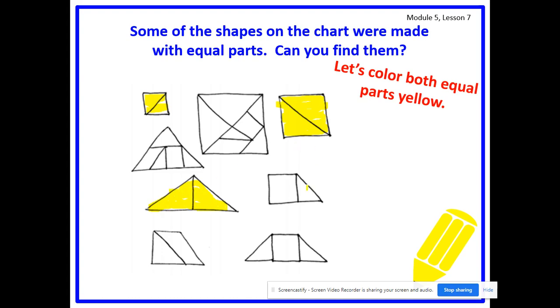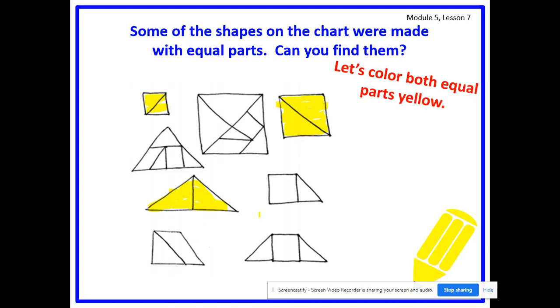And let's move on to this shape. Here we have 1, 2, 3, 4, a shape with 4 sides, but is it cut into equal pieces? No. So we are not going to color it in yellow. Let's look at this other shape over here. Is this one made up of equal parts?